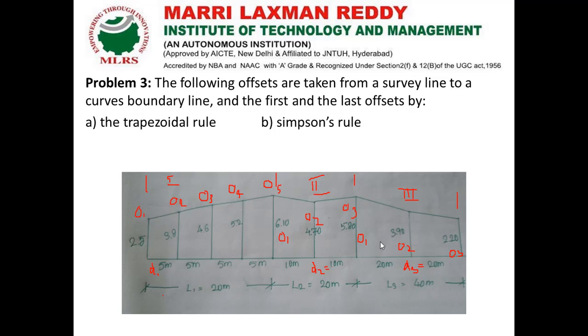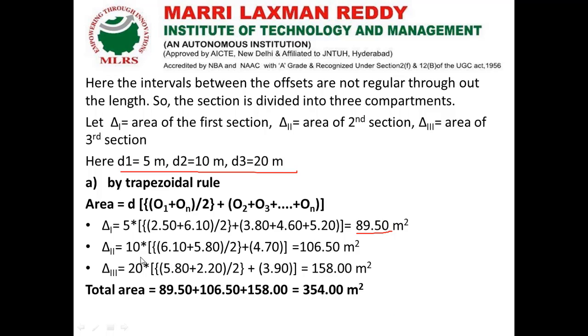Next, the distance of 10 into first ordinate, that is 6.10 plus 5.80, the last ordinate, divided by 2 plus the remaining ordinate 4.70. So this gives the answer of 106.5 meter square.